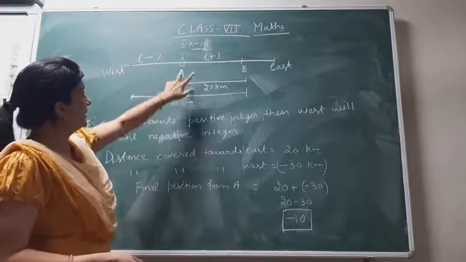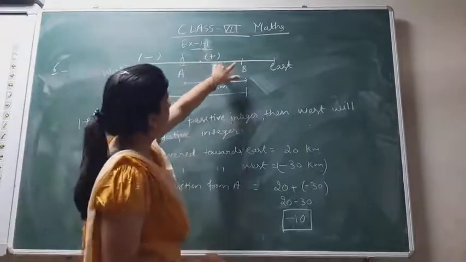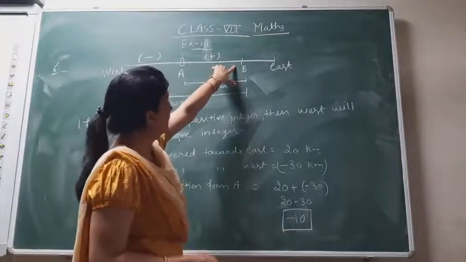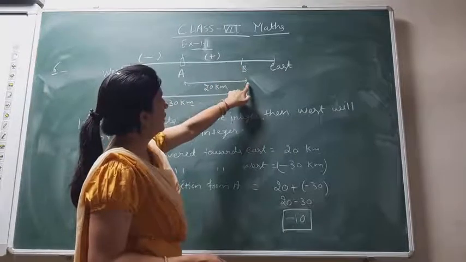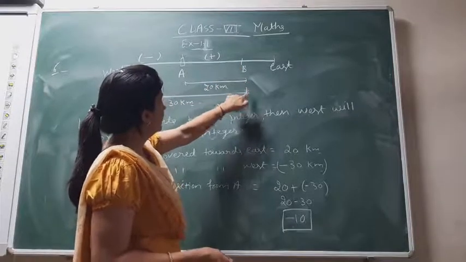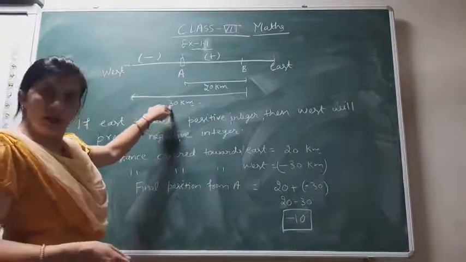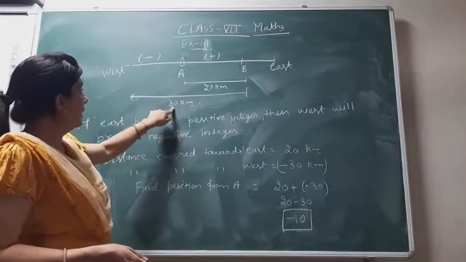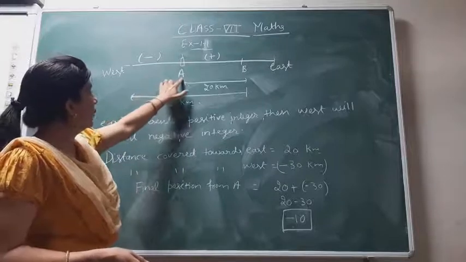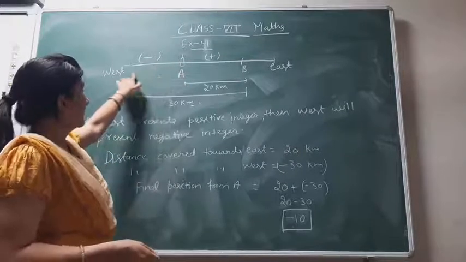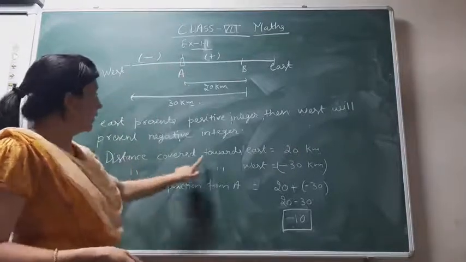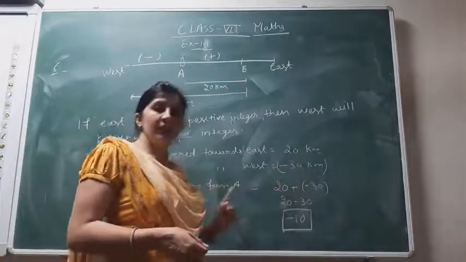In form of integer, she starts from A, she moved 20 km towards east and reached that point B. On reaching this point, she starts moving to west and covers a distance of 30 km. We have to tell how far she is from point A. So the distance covered towards east is 20 km.